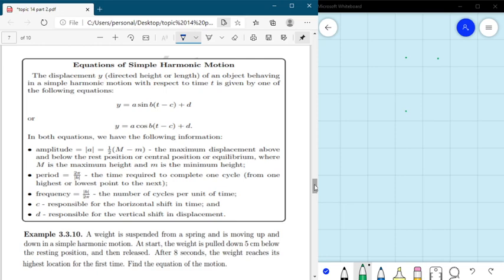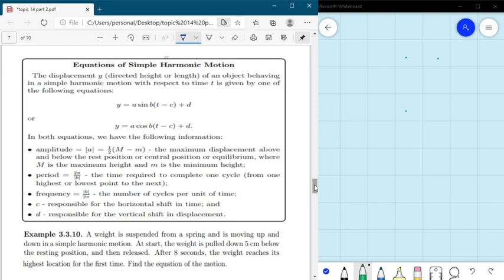The amplitude, or the absolute value of A, is equal to 1/2 of maximum minus minimum. The maximum displacement above and below the rest position, or central position, or equilibrium, where capital M is the maximum height, and the small letter m is the minimum height. The period is 2 pi over the absolute value of b.